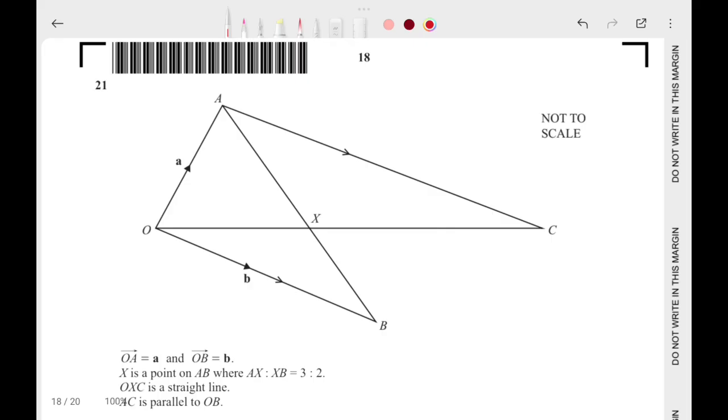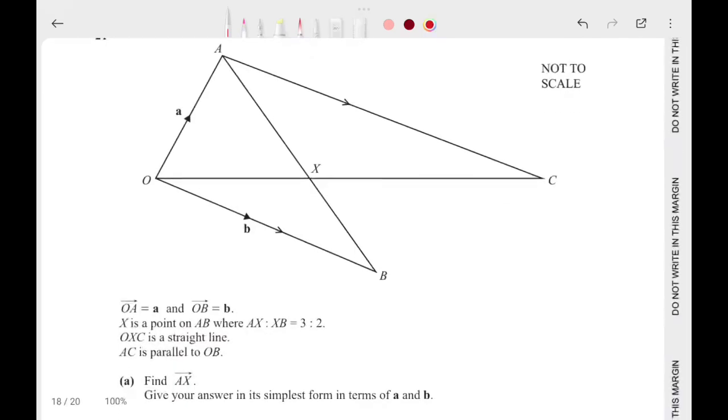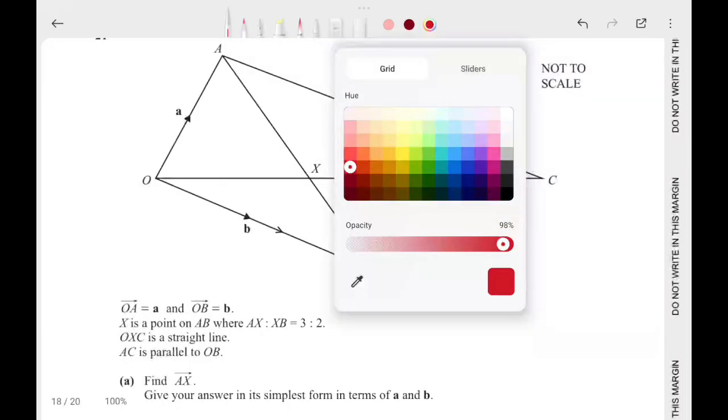Question number 21. This is related to vectors. So first of all, we have to understand the question, then we'll solve it.